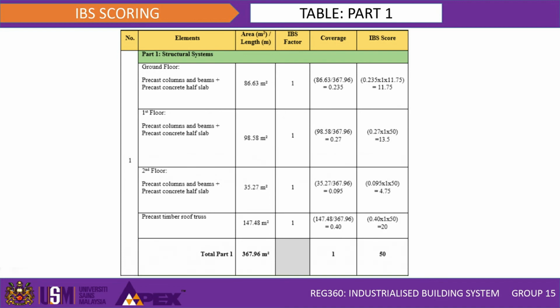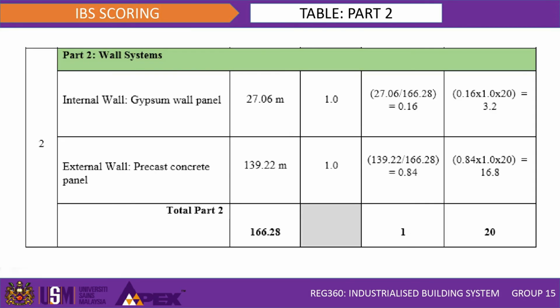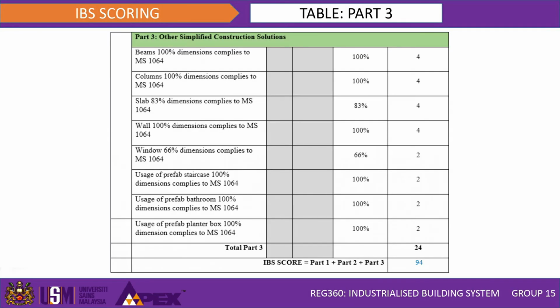And this is the summary of our IBS scoring table. For part 1 we get 50 for IBS score, and part 2 we got 20, and part 3 we got 24, and our total IBS score is 94%.